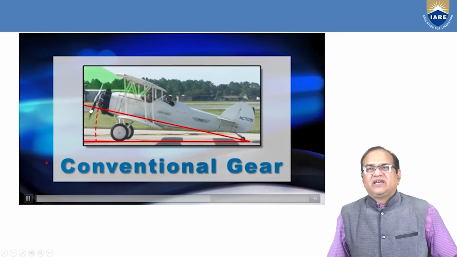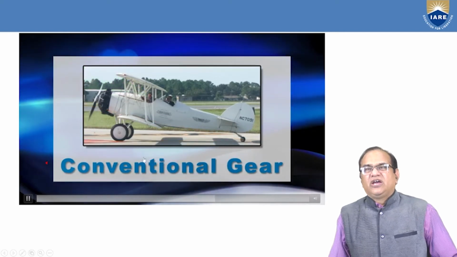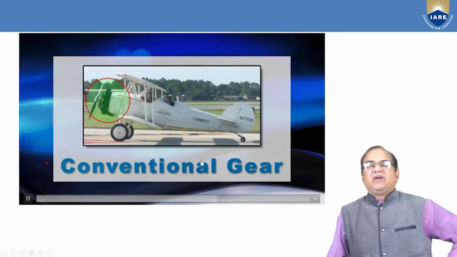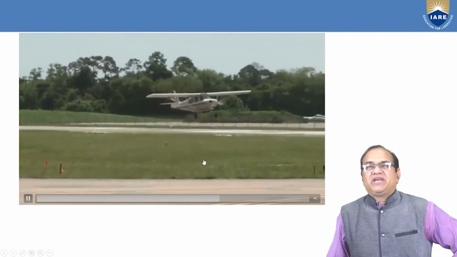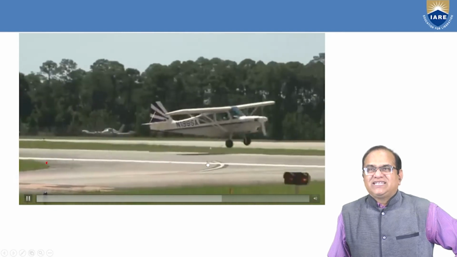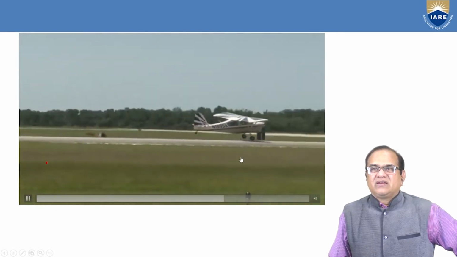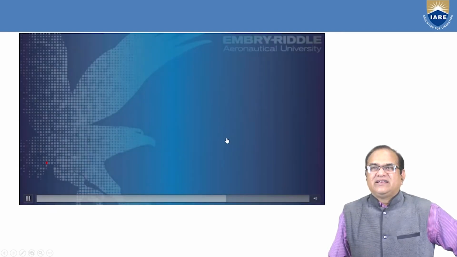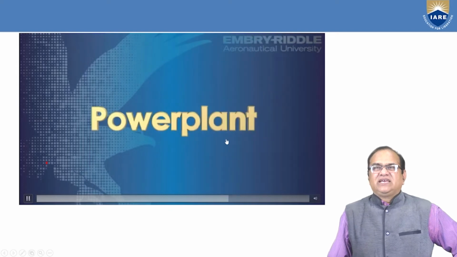That much height is increased here. If it is not like this, your propellers may hit the ground and you cannot use a bigger propeller. Now you can see this, it is a conventional, and how this is.